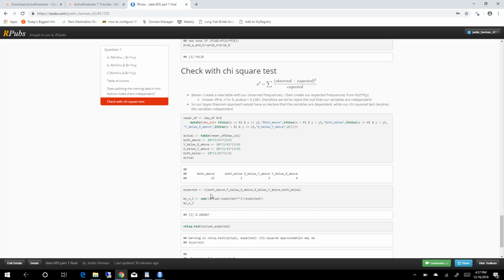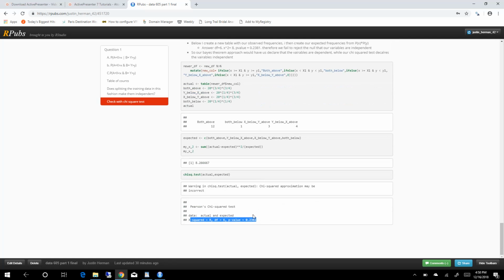What the test is determining is independence. The assumption is independence. The null hypothesis is independence. So we fail to reject the null when we have a p-value of 0.23.